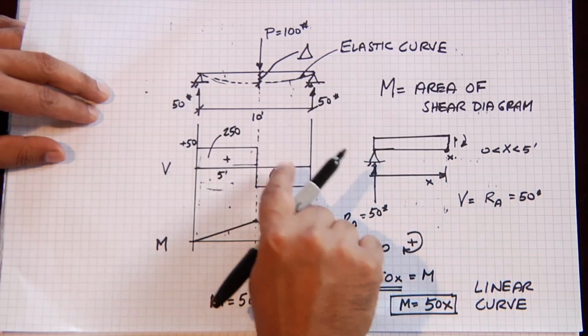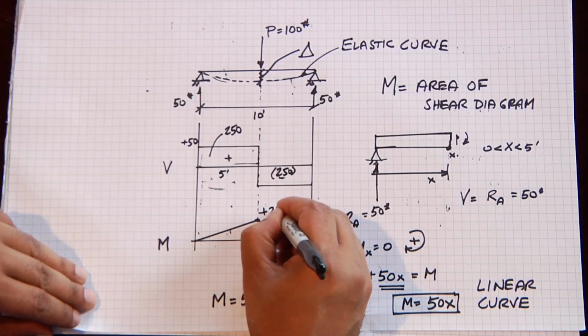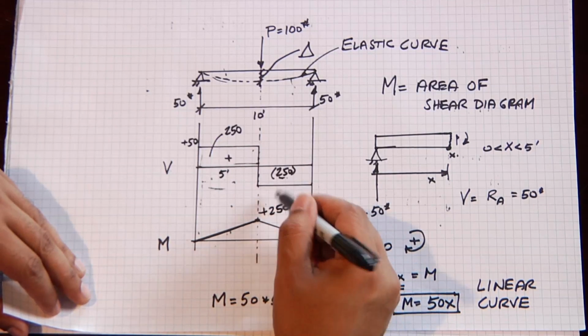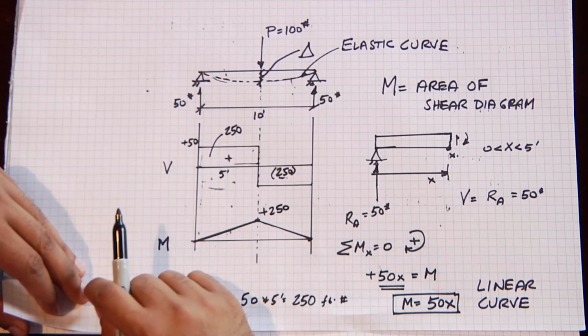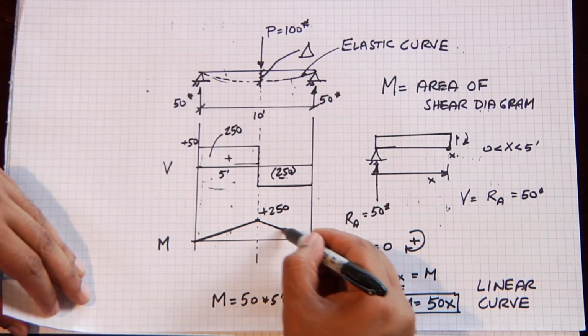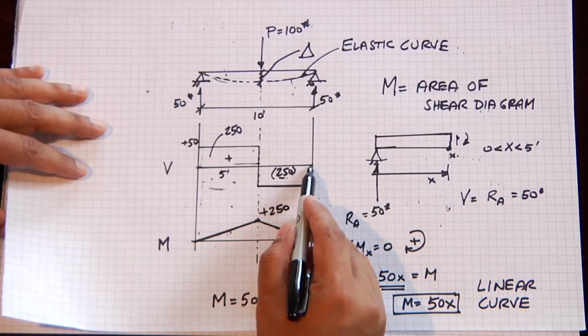Very important that the two are equal, because then when you add them, they have to become 0. So my maximum moment is 250, which goes up with a straight line, and then this is minus 250, which goes down with a straight line, because this is a constant, and this is a linear curve. And the sum at the end is 0.